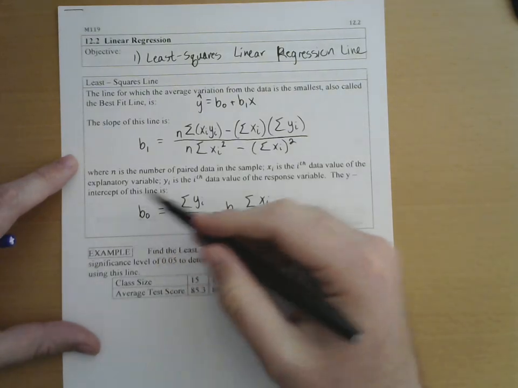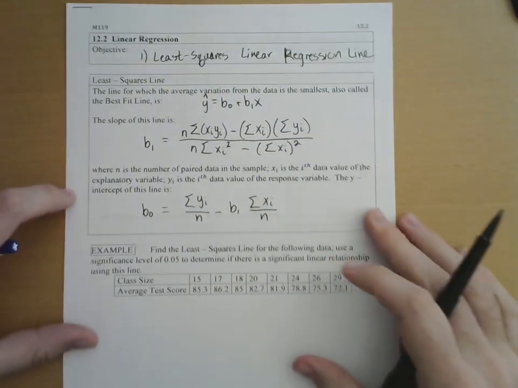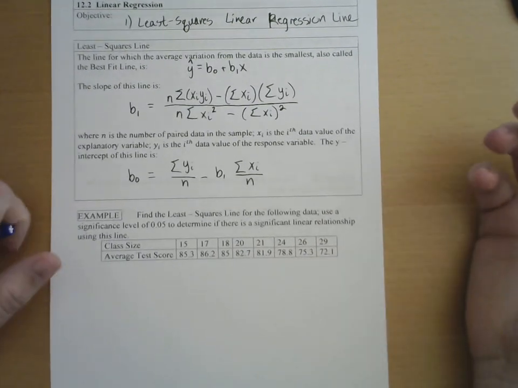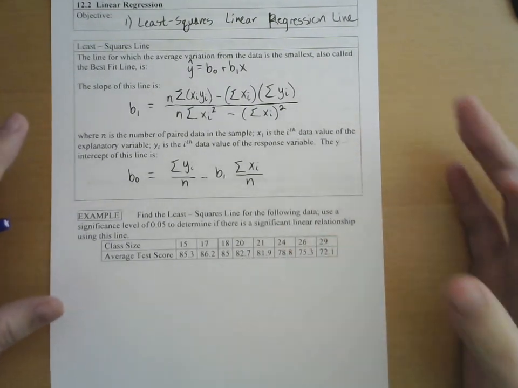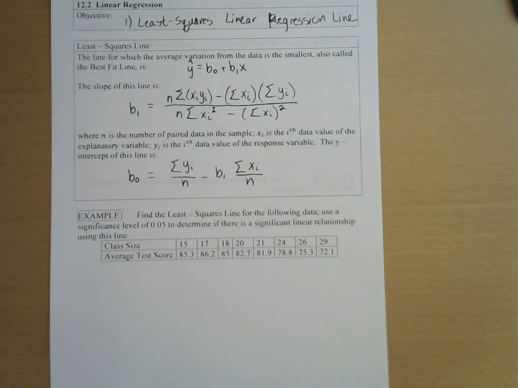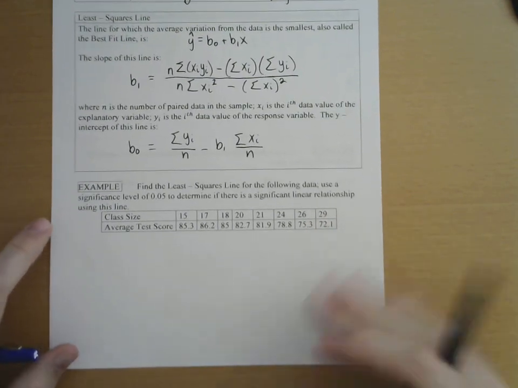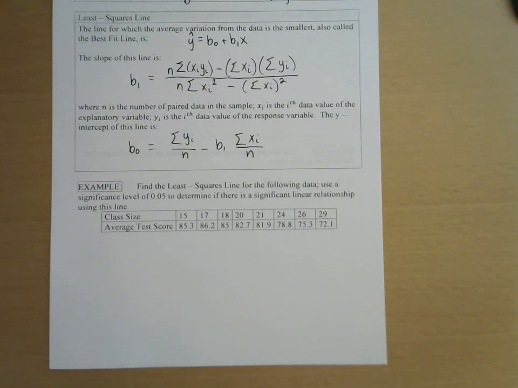So you can't get your y-intercept without your slope, and that's by design to ensure, again, best fit. So these can be done by hand. They're not that much fun to do by hand, but we'll talk about with this example exactly the process you would go through to calculate these things, just in case you're a little fuzzy on your summations.